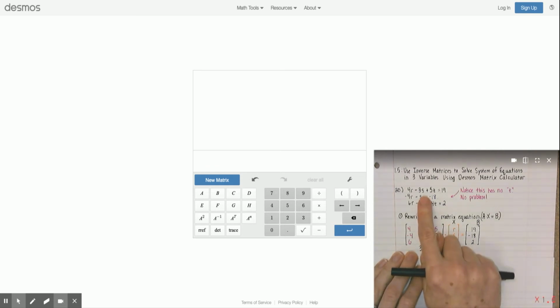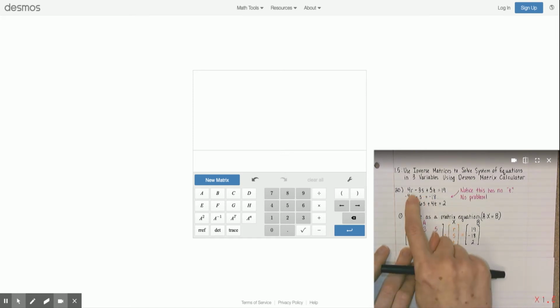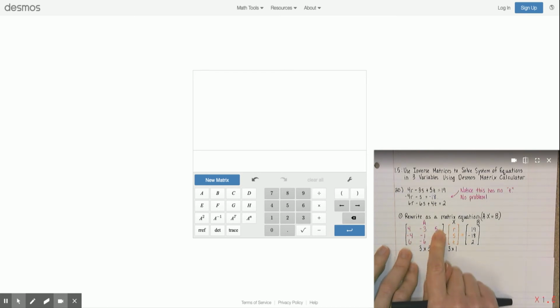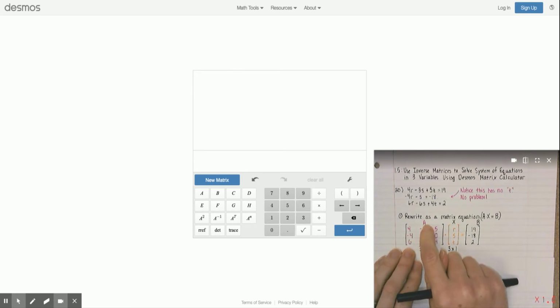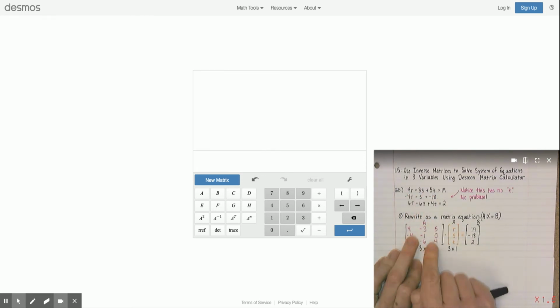So unlike our last one where it was just a 2 by 2 matrix, we need to create a 3 by 3. So we have R, S, and T, and 3 equations. So 3 variables and 3 equations, meaning we need a 3 by 3 matrix. So this is matrix A, and we use the coefficients of R, S, and T in each of the equations to input our numbers into our matrix.